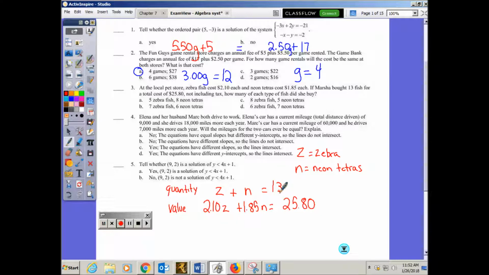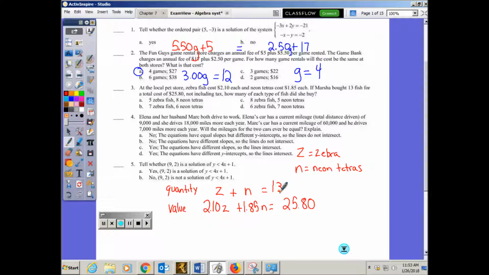So here's the thing with this problem. I could solve it with a system. Even if I don't know how to do it, I know I probably could solve it with a system because that's a chapter.